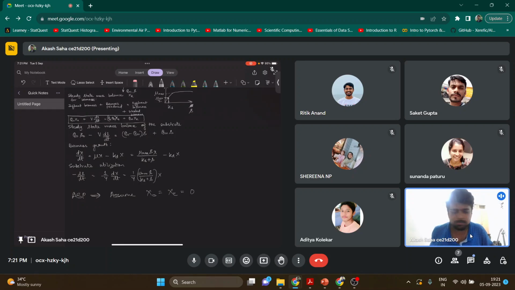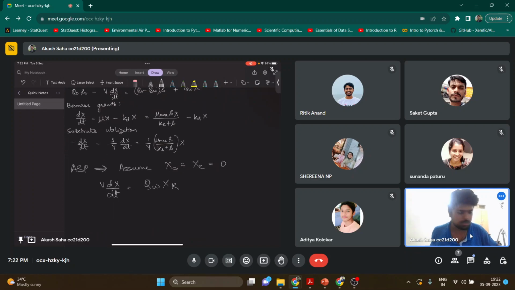So if both become zero, suppose this is my first reaction, what will happen to my reaction 1? The first part will become 0 in the LHS, and also the first part of the RHS. So it will simply become V dX by dt is equal to Qw into Xr.